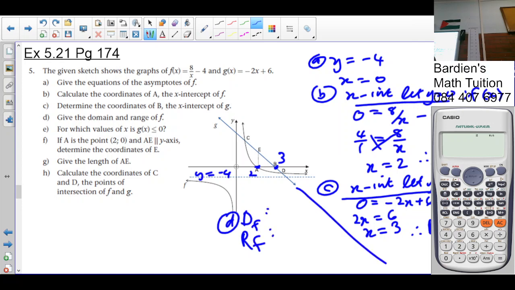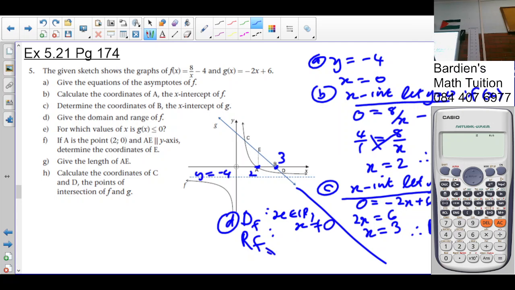We're looking at f. The f graph is a hyperbola graph. This graph goes to negative infinity, positive infinity. So x is an element of real numbers, x is not equal to 0.